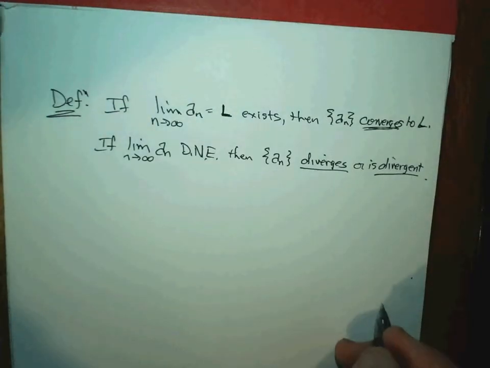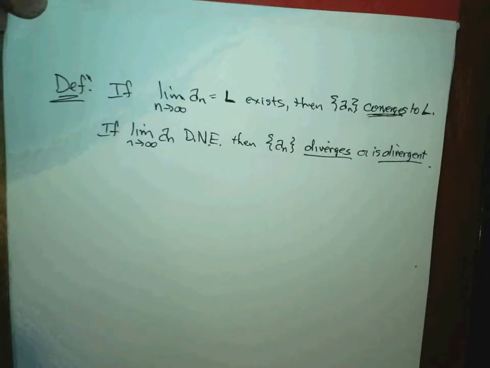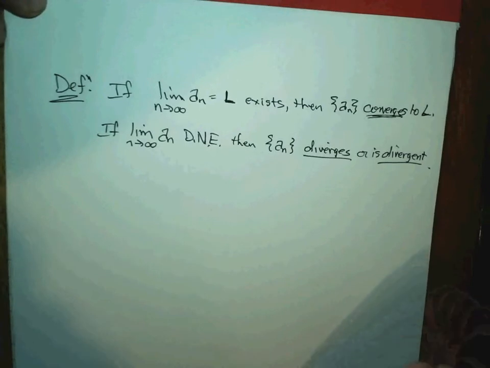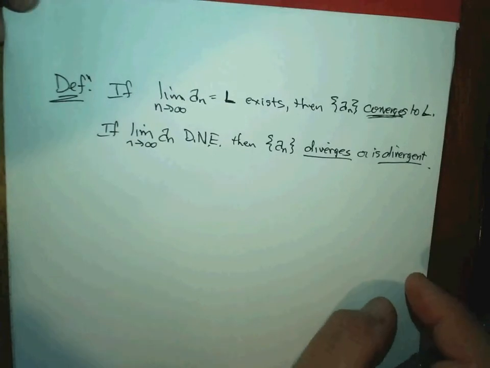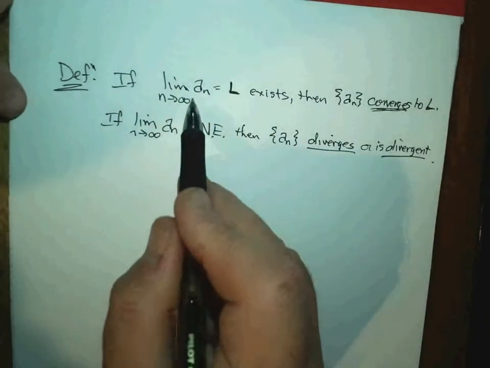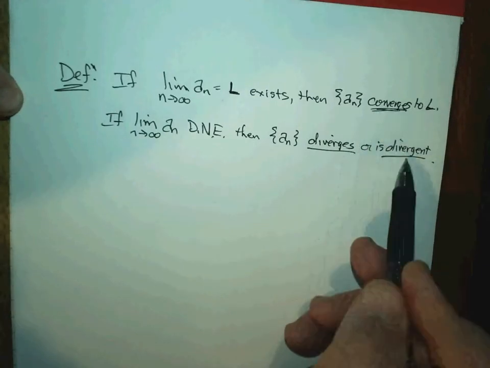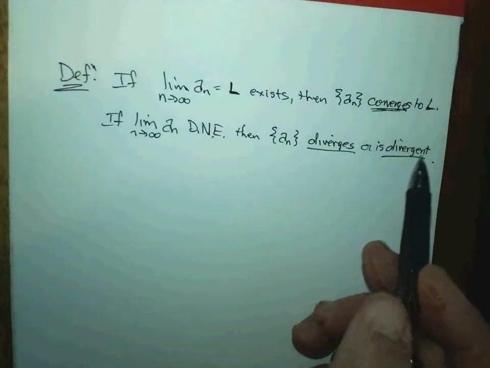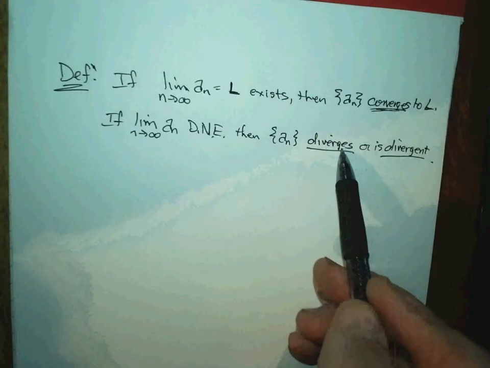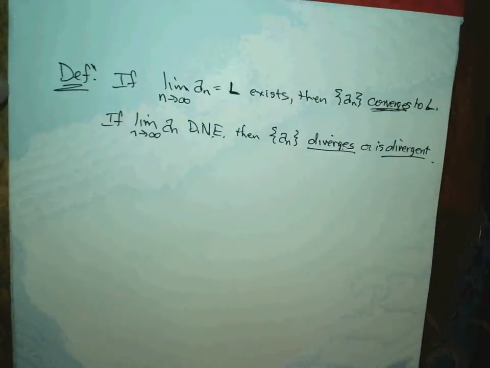Two ways of saying the same thing. Okay? This is the reason that we want to use the functional form as opposed to the recursive form to define our sequences. It allows us to use the limit process to define this concept that we're really very interested in for any sequence, and that is whether the sequence converges or diverges.